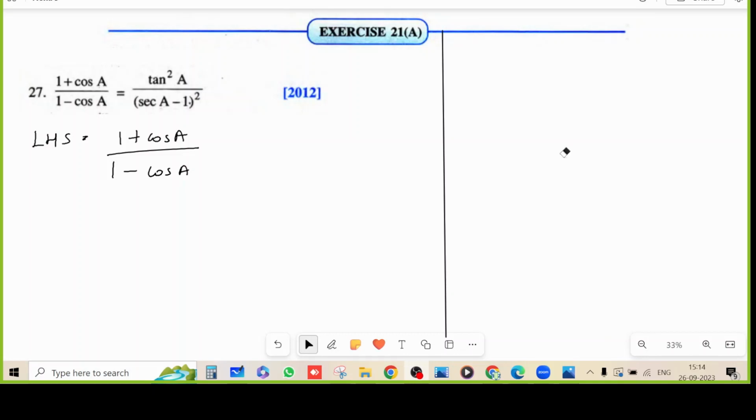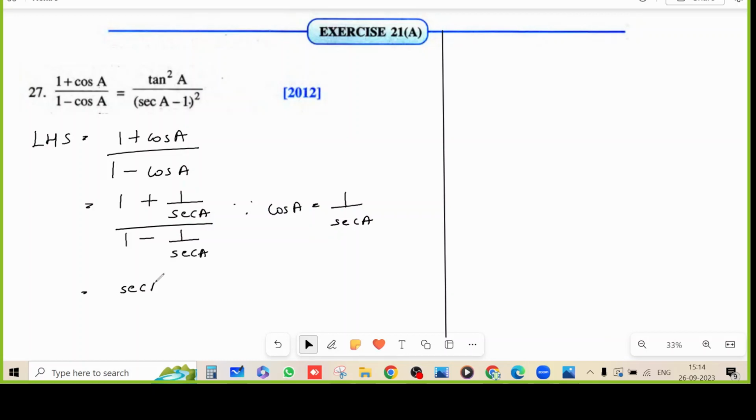The next question is question number 27, and the left hand side is given as 1 plus cos A divided by 1 minus cos A. Here we will convert cos A in terms of sec A. So this can be written as 1 plus 1 divided by sec A divided by 1 minus 1 divided by sec A, since cos A is equal to 1 upon sec A. Now we will take the LCM of this.